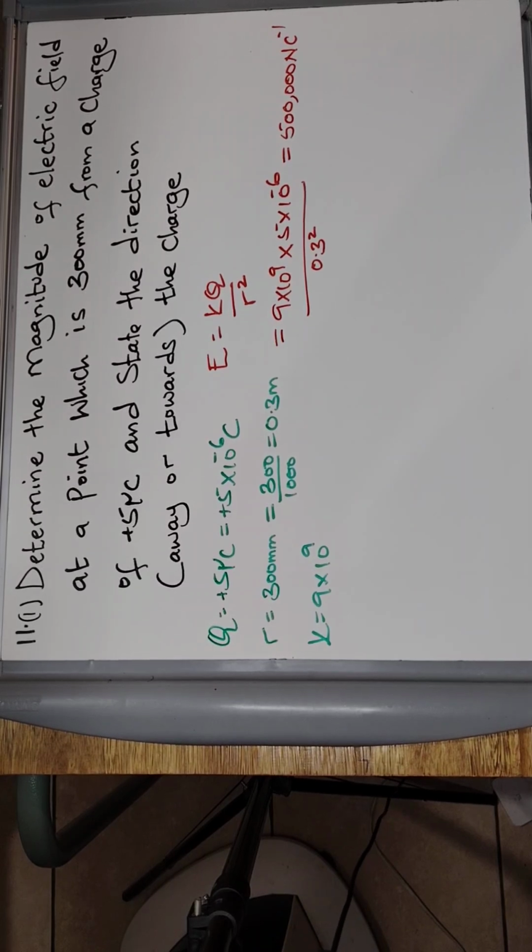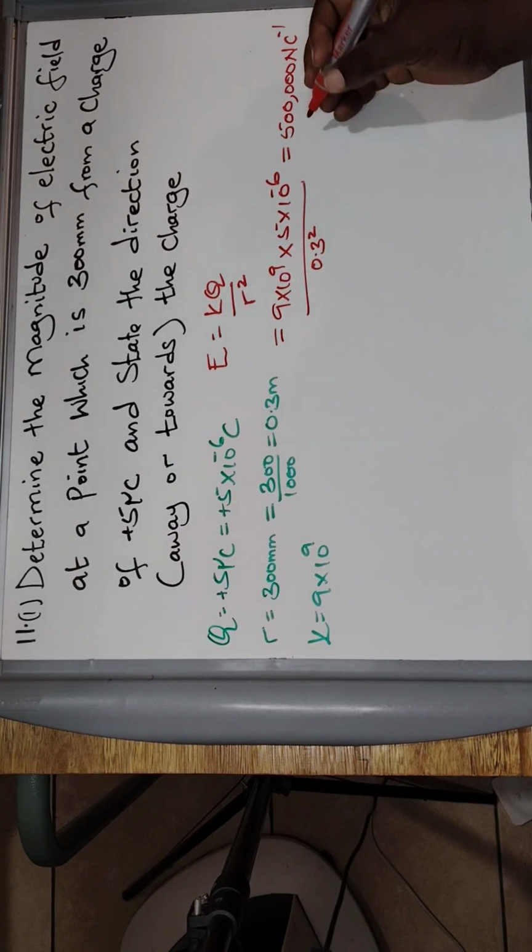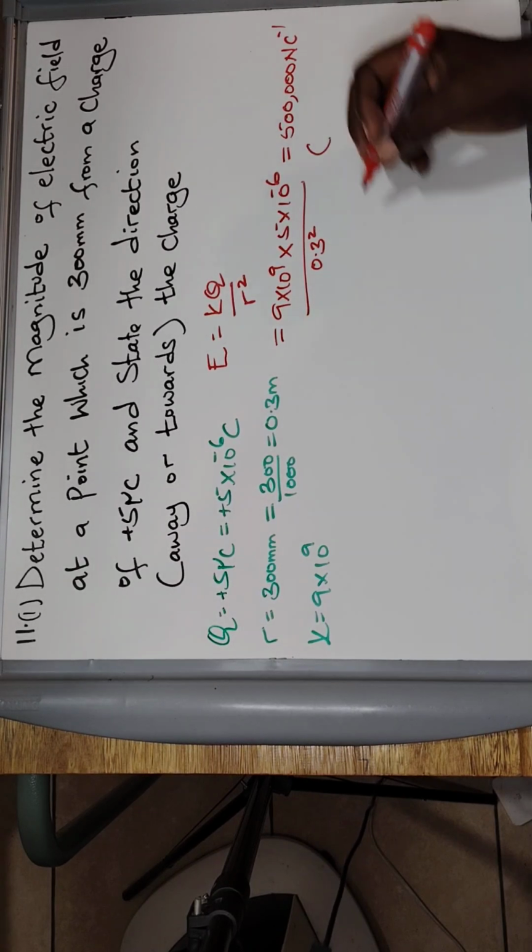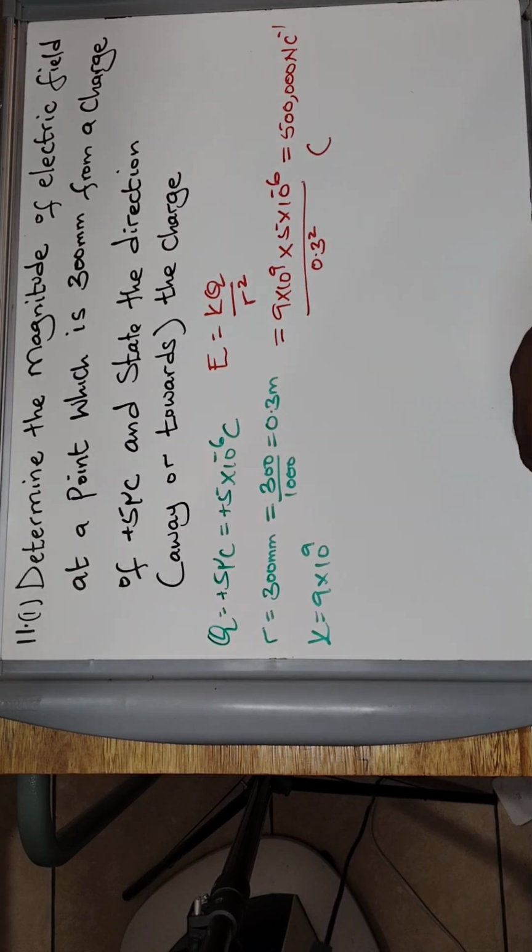So there we are. The electric field is 500,000 Newton per coulomb. And what's the direction? We have to know that our charge is positive.